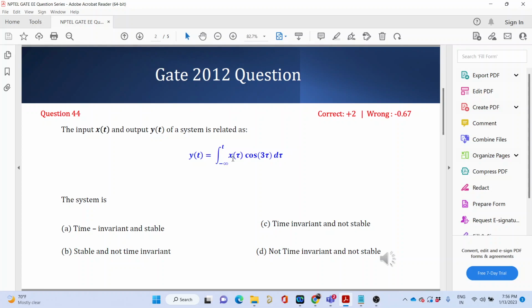What are you trying? See, if it is cos of 3 tau, it becomes cos square 3 tau d tau, right? Yes, sir. So you multiply with half on the outside, and on the inside you multiply it with 2. So 2 into cos square 3 tau is, can you get that trigonometric identity? 2 into cos square theta d theta, what can you write?